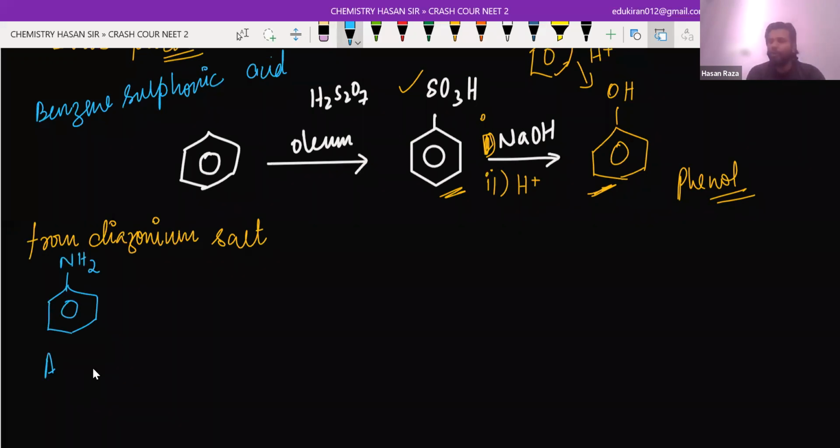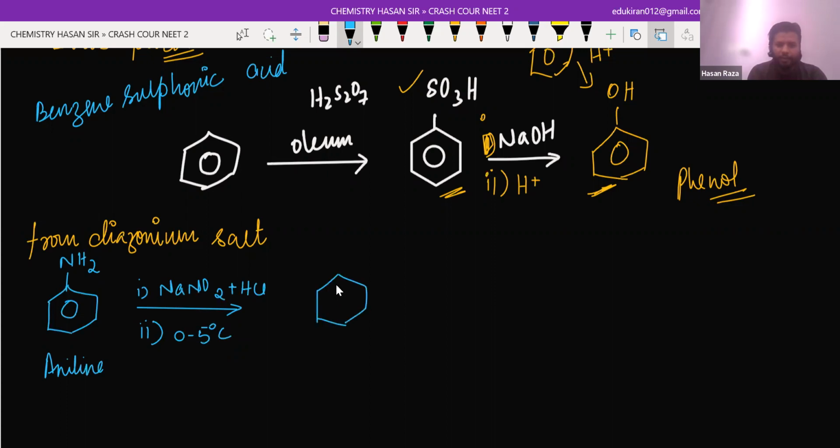If you react aniline with nitrous acid, that means NaNO2 in the presence of HCl, and this reaction should be carried out in cold, that means 0 to 5 degrees centigrade, you will directly get benzene diazonium chloride, N2 plus Cl minus.